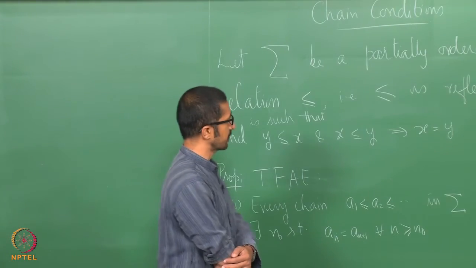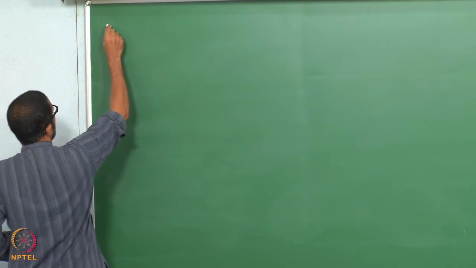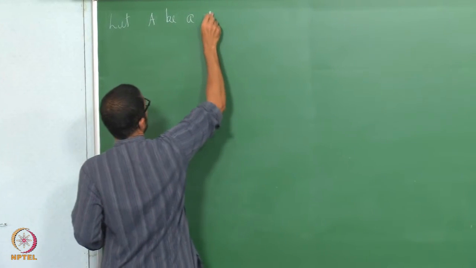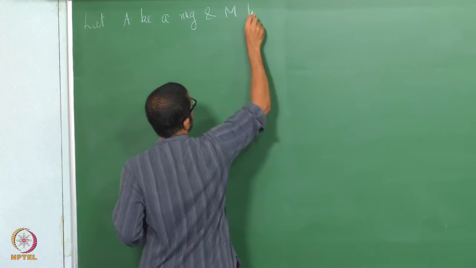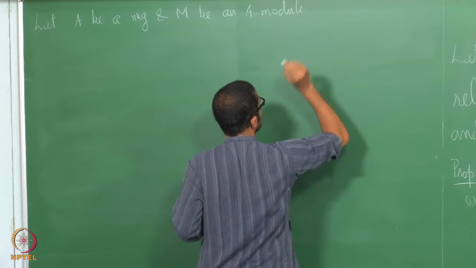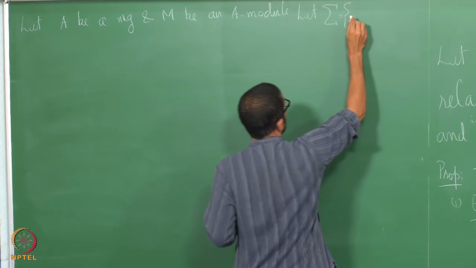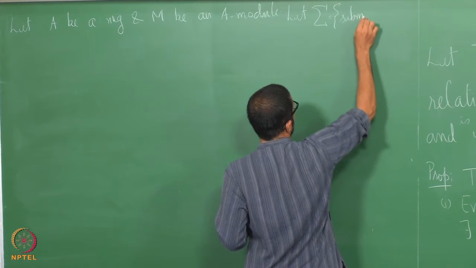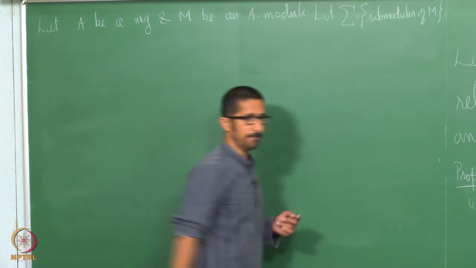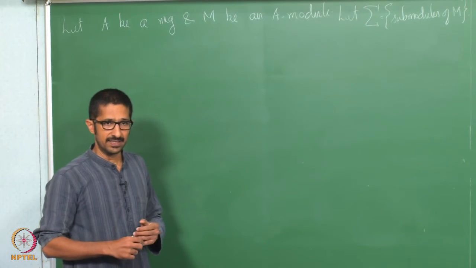So, let us now look at some examples of such partially ordered sets. If I take a module, so let A be a ring and M be an A module, take sigma to be the set of all submodules of M. This is a partially ordered set, right.